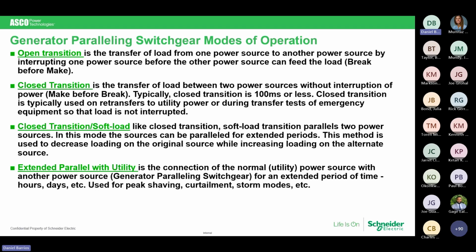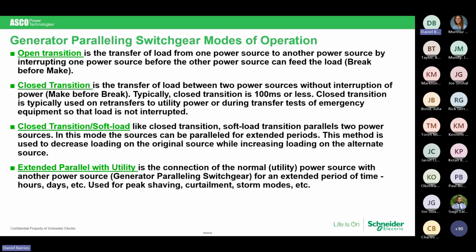Soft load is exactly what it says. Normally, we are going to close the generators in a little bit faster, pushing against the utility. Immediately upon closing, we're going to pick up some minimum, some 50 kW or so. Why don't we just go in at the same speed?